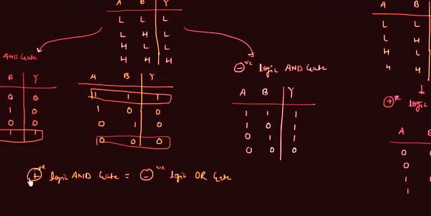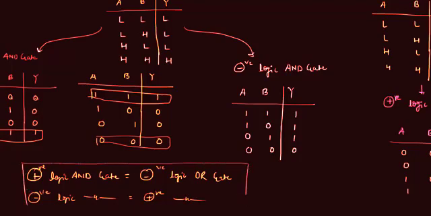So we have 2 things. Negative logic AND gate is similar to positive logic OR gate. So these points are very important. You have to keep this in your mind, that positive logic AND gate is equal to negative logic OR gate, and negative logic AND gate is equal to positive logic OR gate.